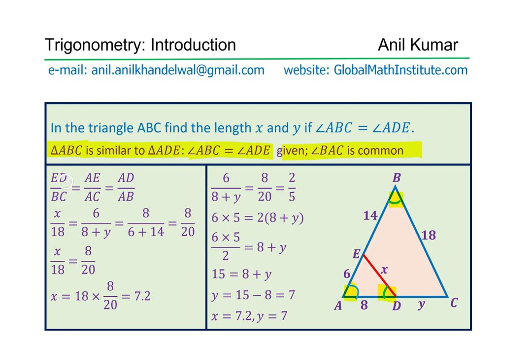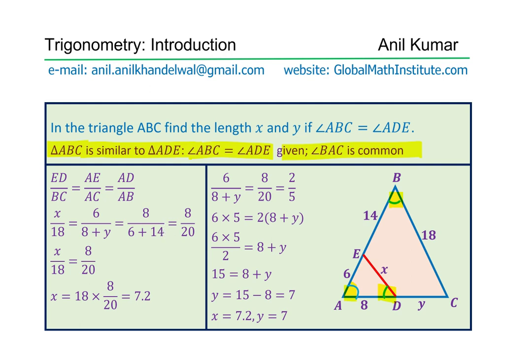Substituting the values, we know ED is x, BC is 18, AE is 6, AC, A to C, is the sum of 8 and y. So we have written 8 plus y here. 8 is AD, and then A to B is the sum of 6 and 14. So add them up.